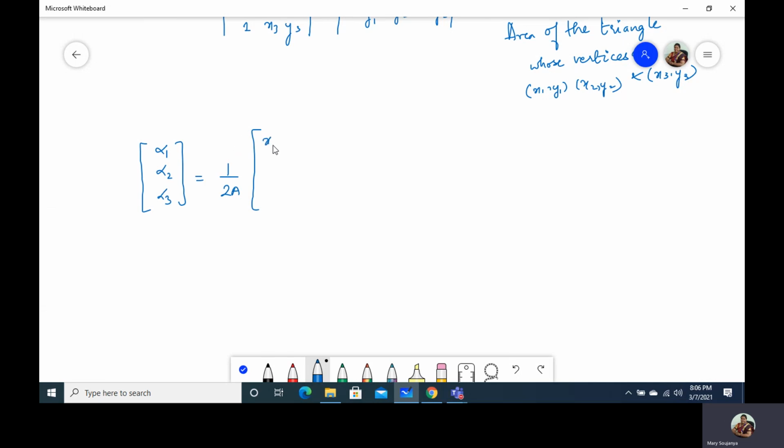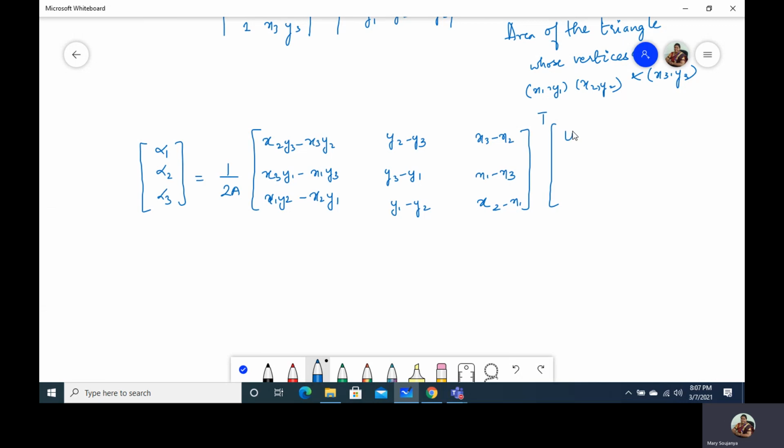When we find that, the adjoint of the matrix will become x2 y3 minus x3 y2, x3 y1 minus x1 y3, x1 y2 minus x2 y1, y2 minus y3, y3 minus y1, y1 minus y2, x3 minus x2, x1 minus x3, x2 minus x1, whole transpose, into our elemental displacement matrix u1, u2, u3.